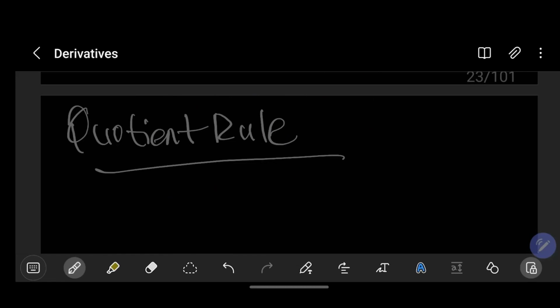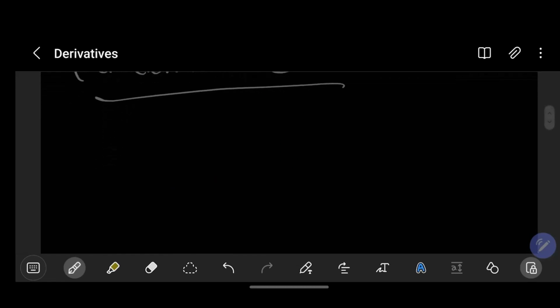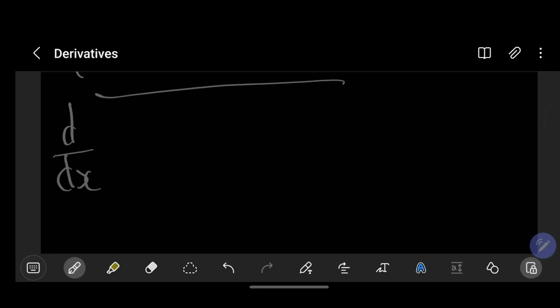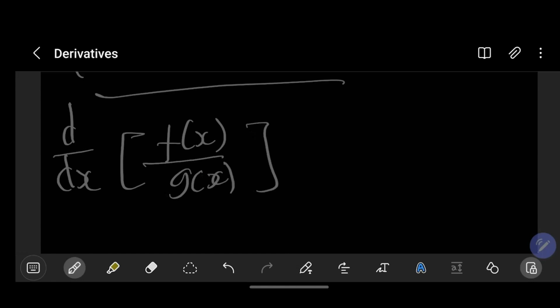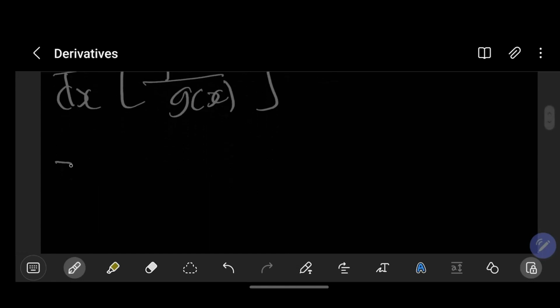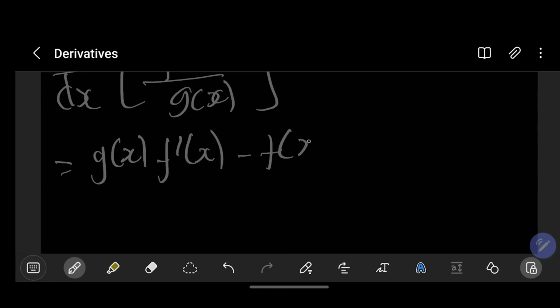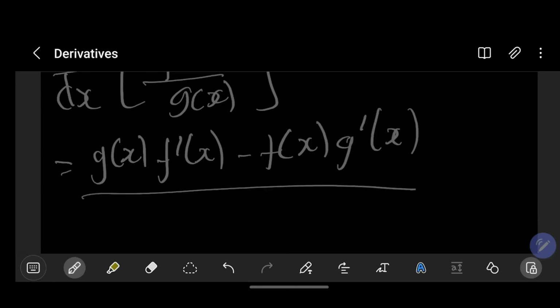So now we're going to look at the quotient rule, right? So as we know, if we want to find d dx of f of x over g of x, that is basically equal to g of x times f prime of x, minus f of x times g prime of x, all over g of x all squared.